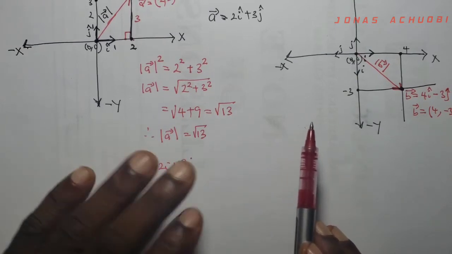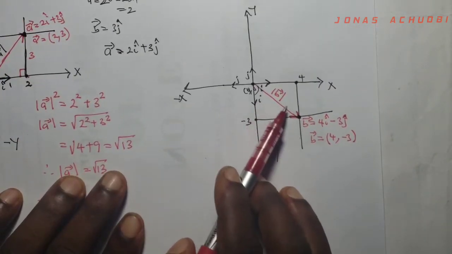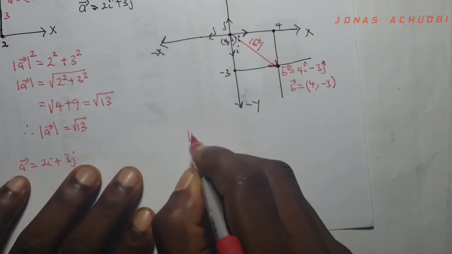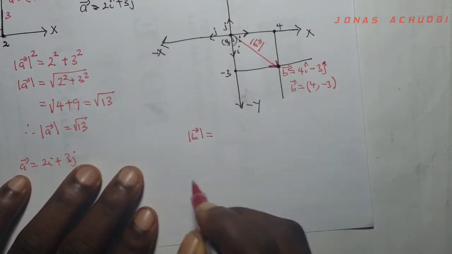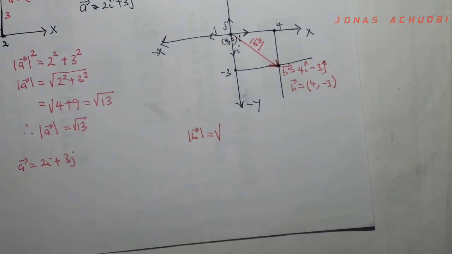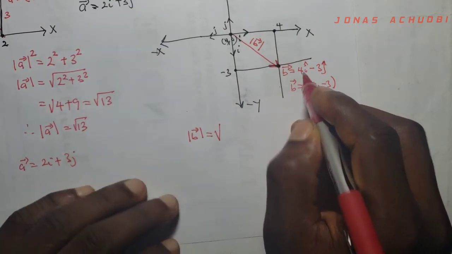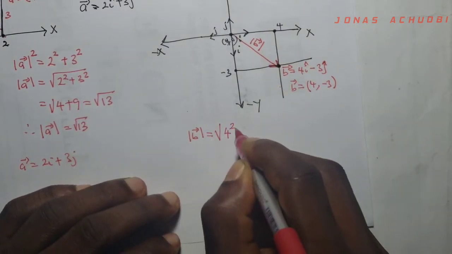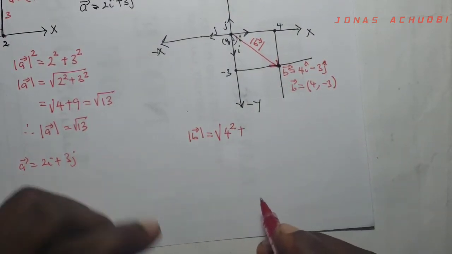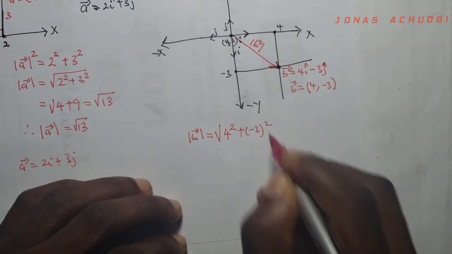So in 2 dimensions, the length of this vector B is equal to the square root of the sum of the squares of the components of vector B. The x component of vector B is 4, so that is 4 squared, plus the y component, which is negative 3, so plus minus 3 all squared.